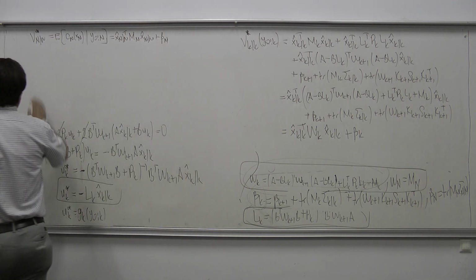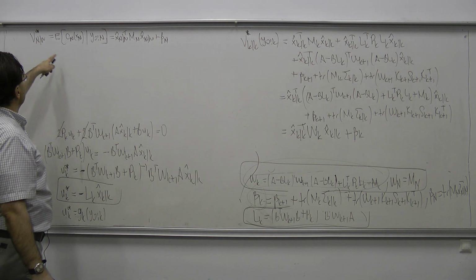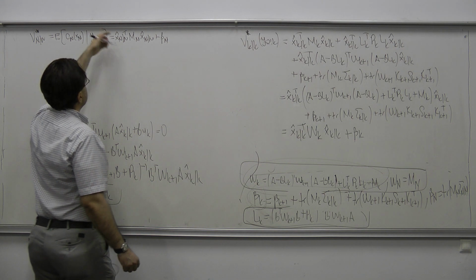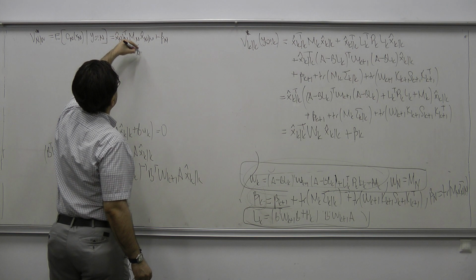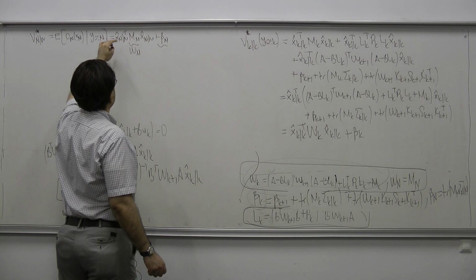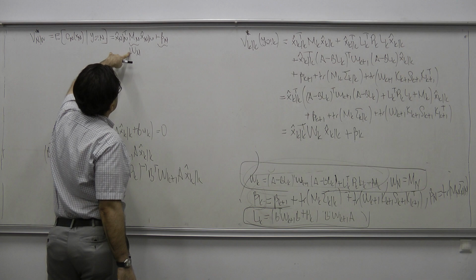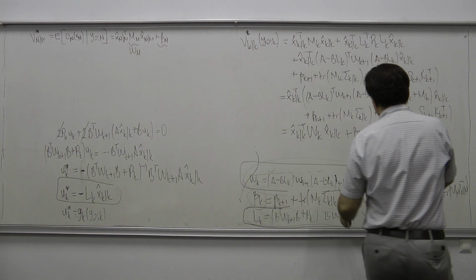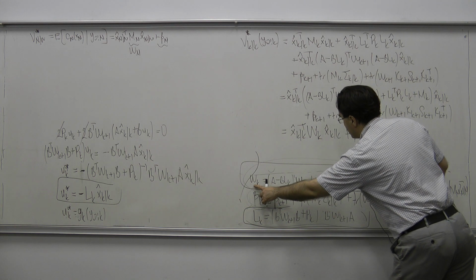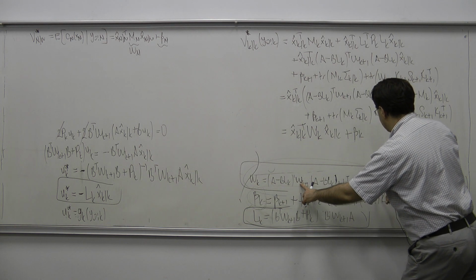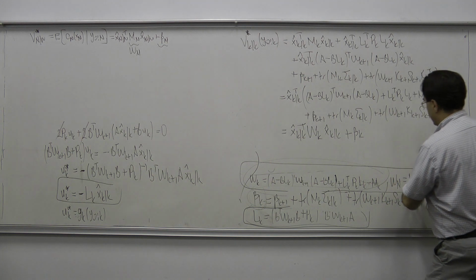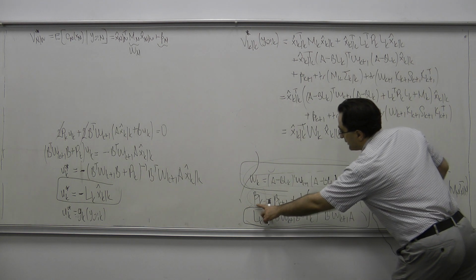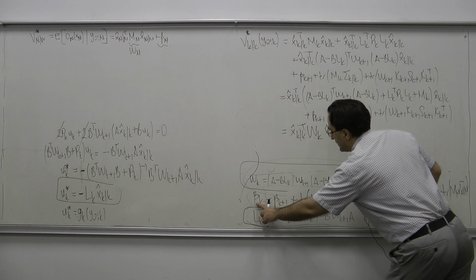We started with this, and this is nothing but Wn, and this is beta n. So we started with Wn and beta n, and then we went backwards. Calculated Wn minus 1 when I have Wn here. Wn is given like this. And then I calculated beta n minus 1.